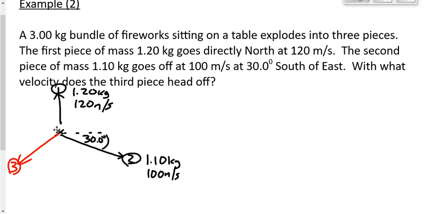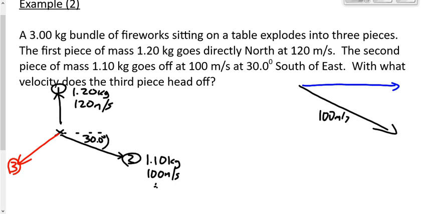I don't like it, so what do? Take it off to the side and get rid of it. All I want to do here is change this 100 meters per second into an X and a Y. So I'm going to do that now. Take it over here, label it as 100 meters per second. Let's label the X component right here and the Y component of it right here. And the angle is 30 degrees.